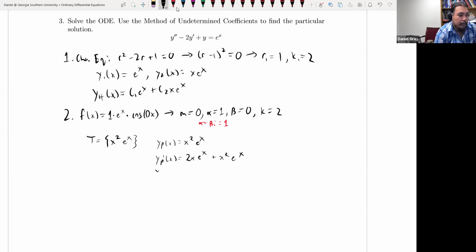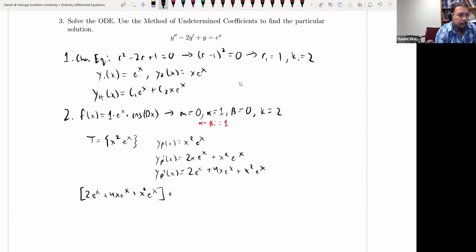And then yp double prime of x, got to take the derivative again, so we're going to get 2e to the x plus 2x e to the x plus another 2x e to the x, so plus 4x e to the x, and then plus x squared e to the x. Now we plug it back into our differential equation. So it's yp double prime, that's 2e to the x plus 4x e to the x plus x squared e to the x.